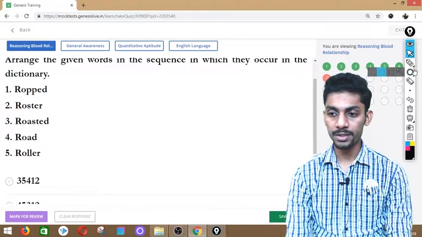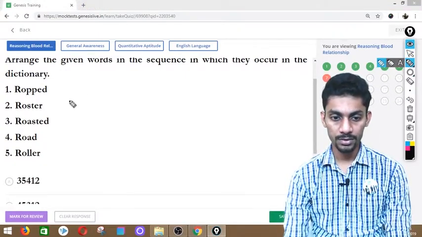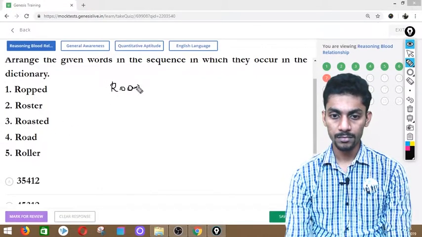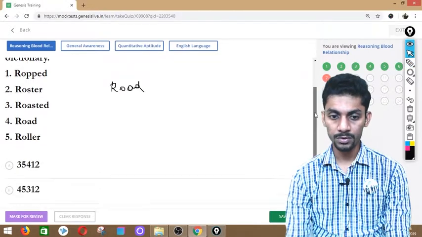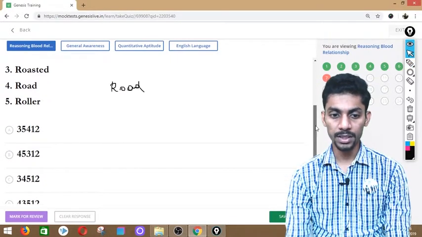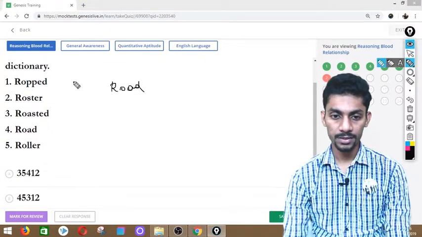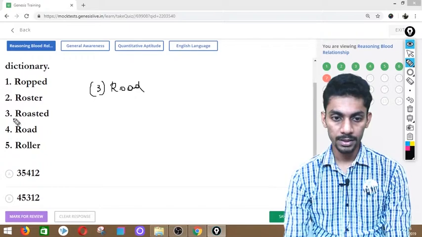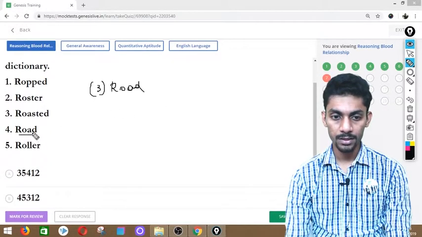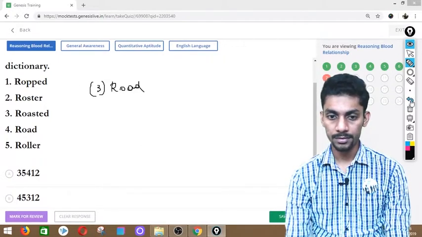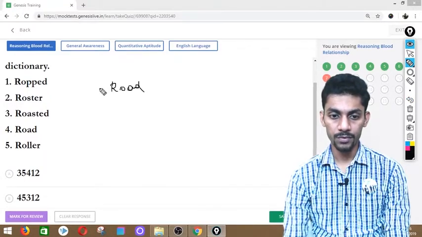It is based on arrangement of words. So first RO is common. Next will be A. So road will be first. That is 3. First we'll check with option also. Okay, there are 2 options which are starting with 3. Next is 5 and 4. Let's see. So first is 3, that is road. Then RO, this is ROD, because here is ROS. Sorry. It is not 3. It is 4th one, correct.